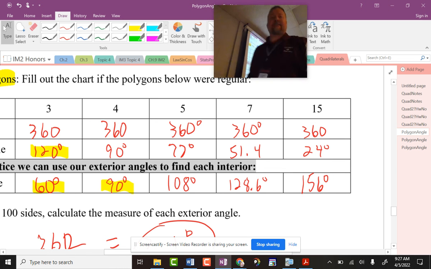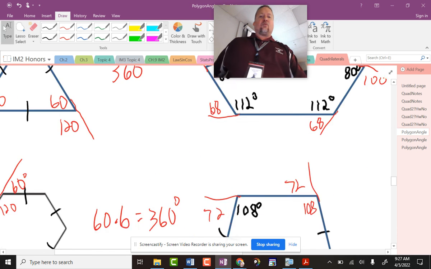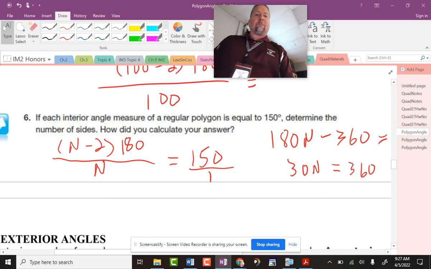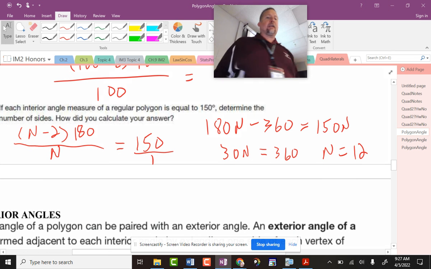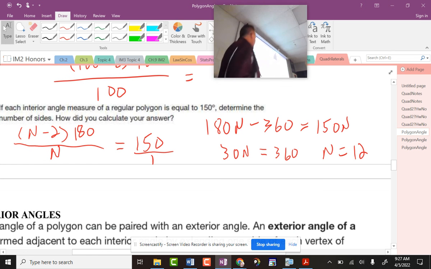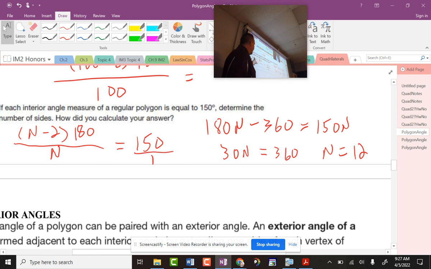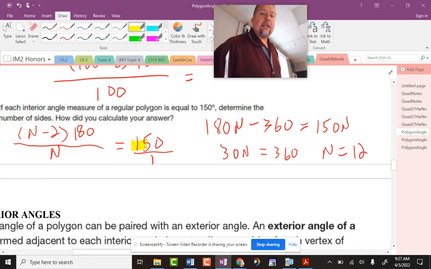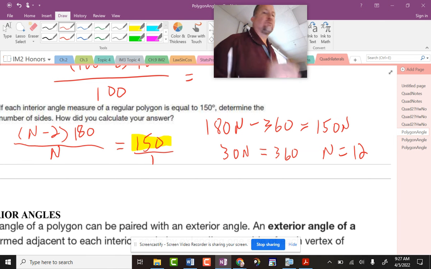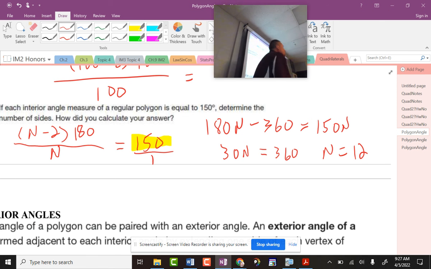So let's go back up to 6. This question where I had this set up here. And I told you, the regular Math 2 students had a hard time figuring out how to solve this equation. So guess what? If each interior angle is 150, what is each exterior angle, everybody? 3, 2, 1, go. 30.